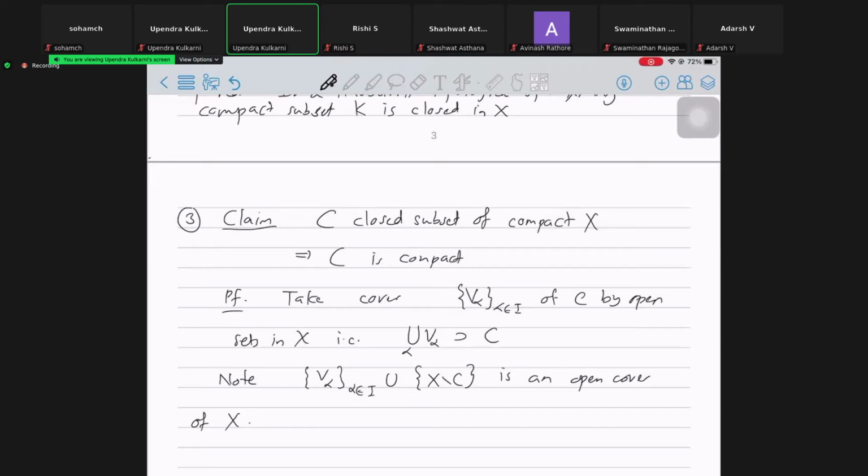Because this finite subcover covers X, of course it will cover C. The only small thing is that I want a subcover of the given cover. It may be that the set X minus C was used in order to cover X in this finite subcover, but I can safely drop it.